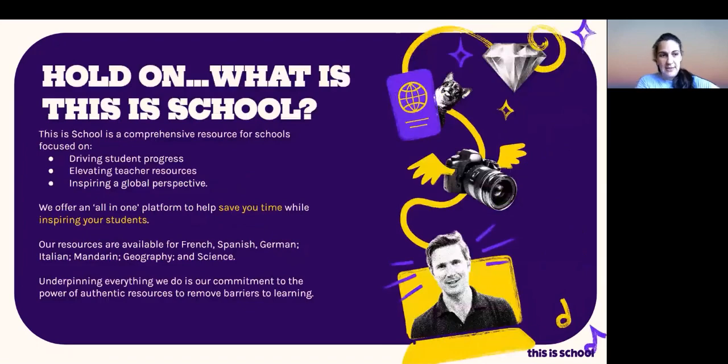But before all that, let's start at the very beginning. What is This Is School? So we were launched back in 2011 as thisislanguage.com. Then the platform relaunched itself as This Is School in 2023. Now, this was done as a reflection of our belief that the authentic content and resources we have pioneered in languages can also be applied to a wide range of subjects.